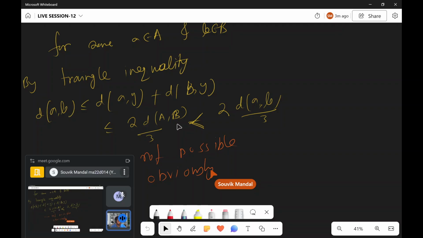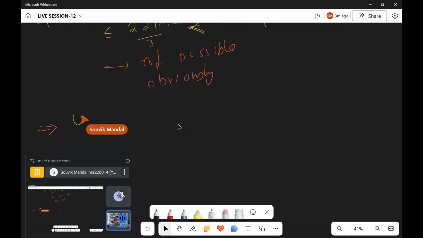That is obviously not possible. So this tells us that U intersection V must be empty.